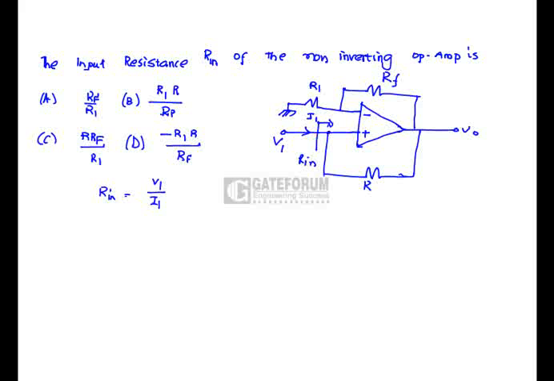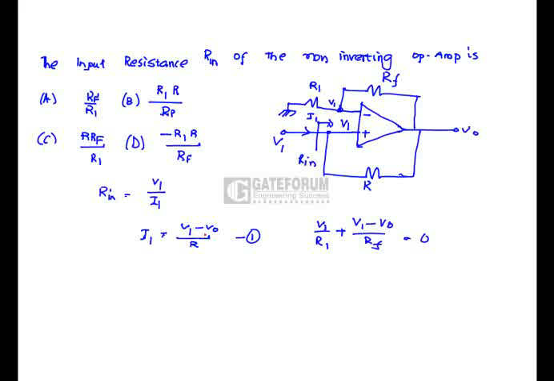Here this node potential is V1, so if we apply a KCL here, I1 equals V1 minus V0 by R. This is equation 1. Similarly, if we apply KCL at this node, potential V1 by R1 plus V1 minus V0 by RF.